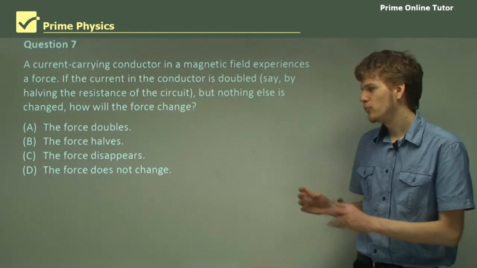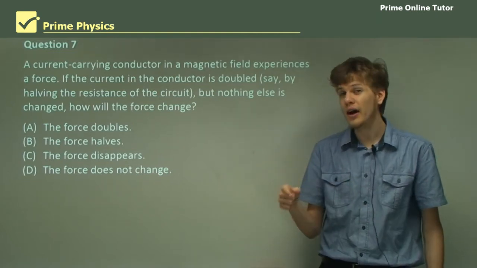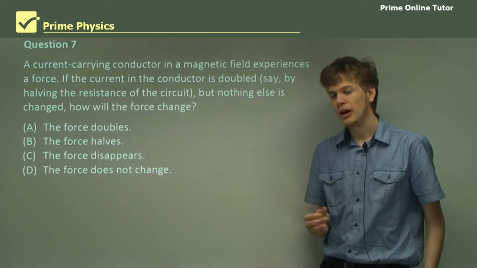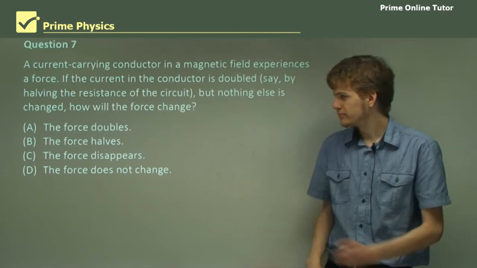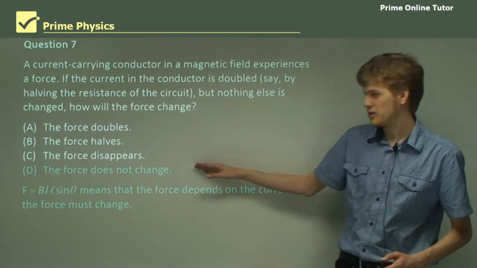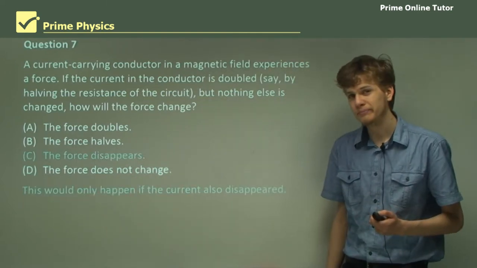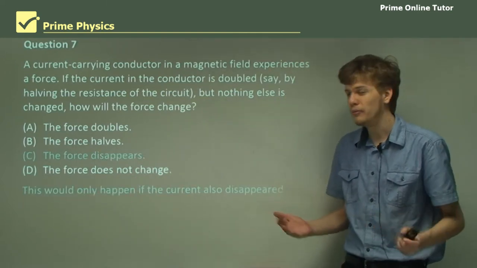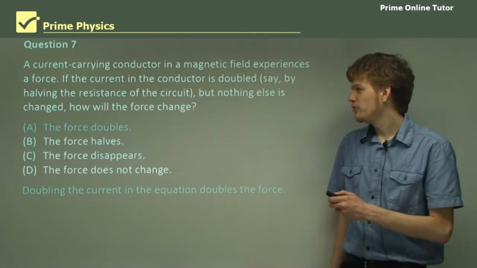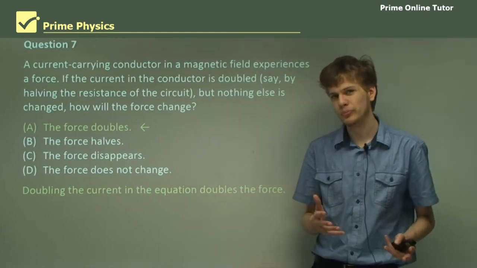So if we have the current doubling, then that's the I in BIL sine theta doubling, right? So how will that change the force? Well, we can see that the force will change because there's an I in the equation. We can see that the force won't disappear because the current hasn't dropped to zero. We can see that the force isn't going to get smaller, and it will in fact double. So doubling the current in the equation will double the force.